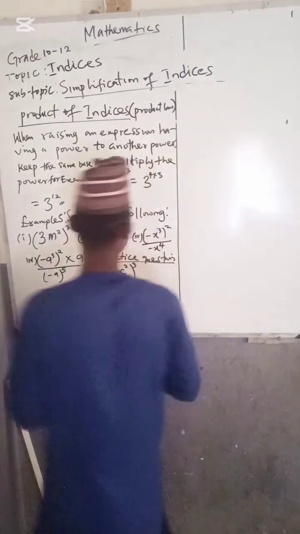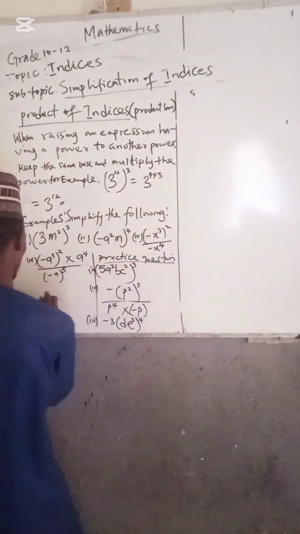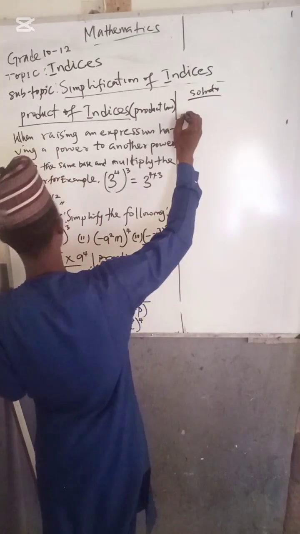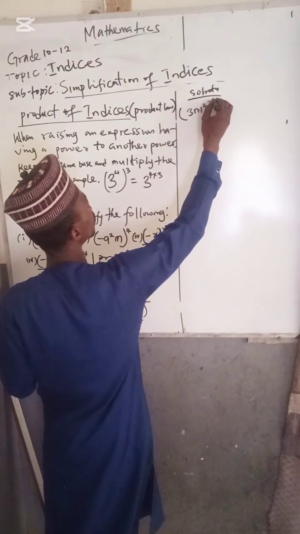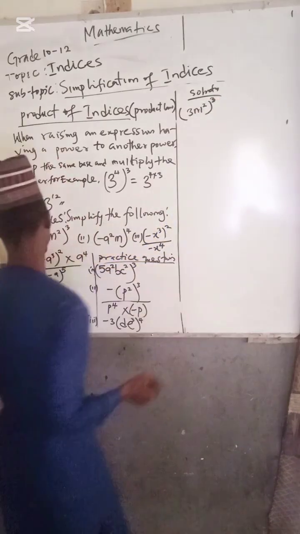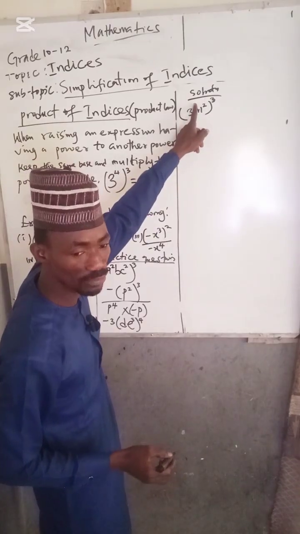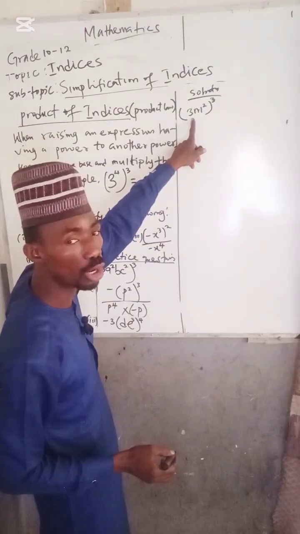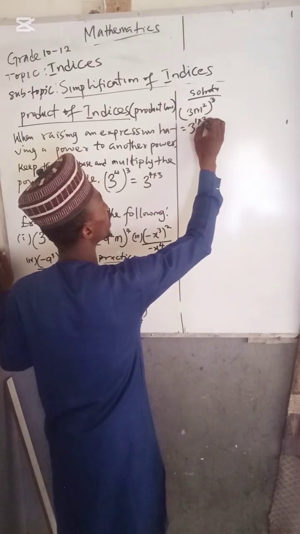Let's go. The first question here is what? Solution. We have 3m raised to the power 2. Look at this. Now, this 3 here, the power is not given, so its power is just 1. That is 3 raised to the power of 1. So you have 3 raised to the power of 1 times 3.